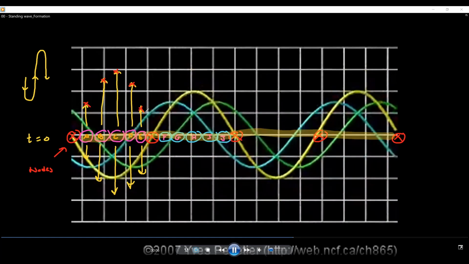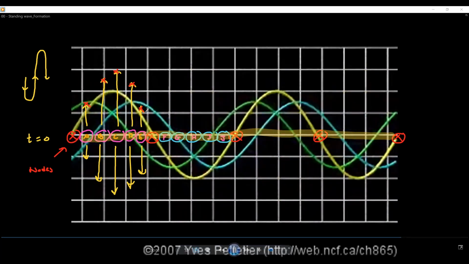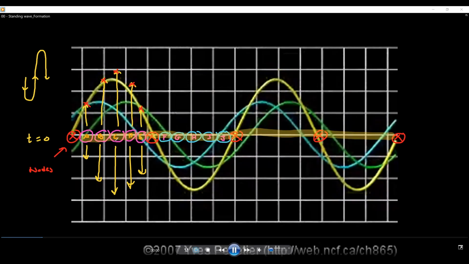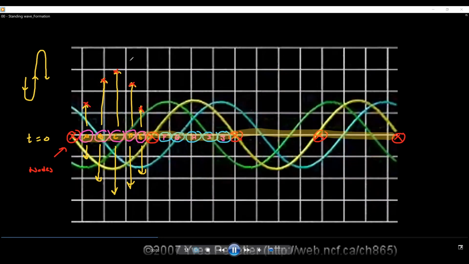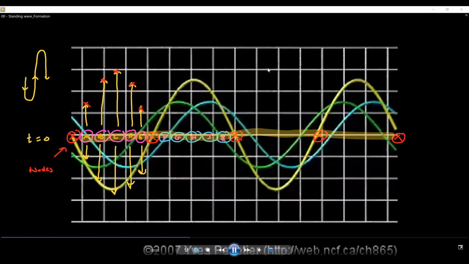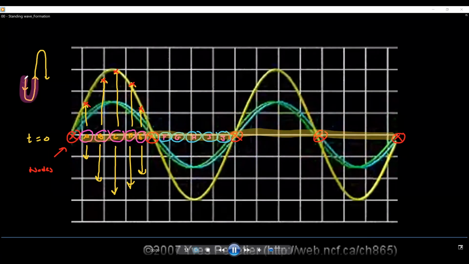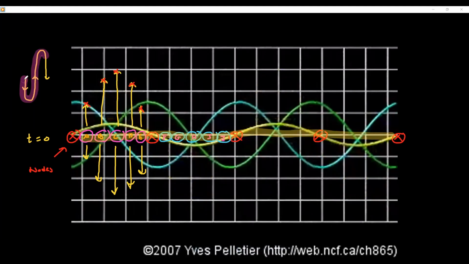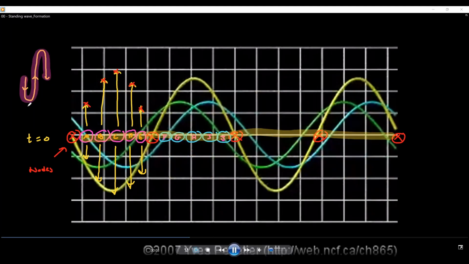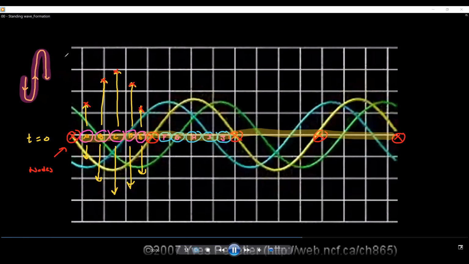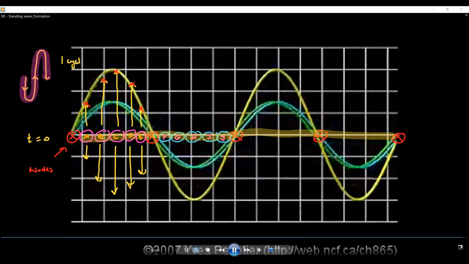Each of these particles right now have a different amplitude. Okay. Now, for each of these particles, just now I mentioned that they actually went down before going back up to equilibrium and then going back up before coming back down to equilibrium. When they do a motion like this, this is already considered to be one cycle.